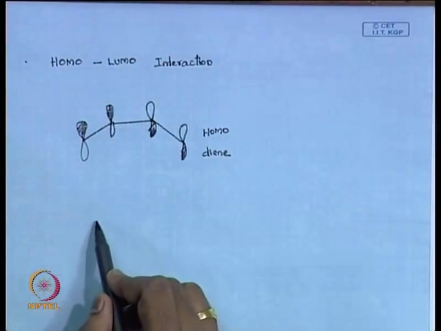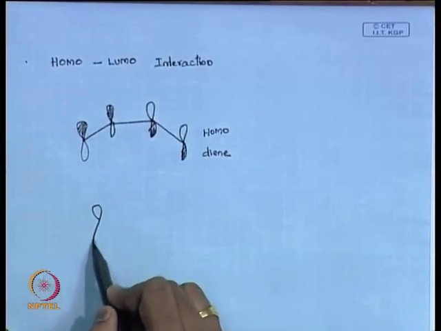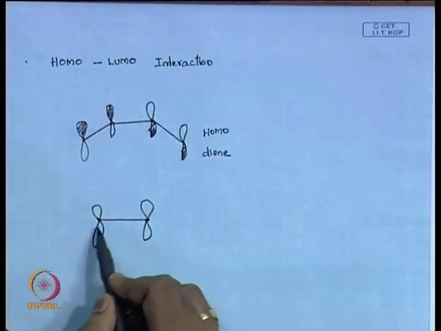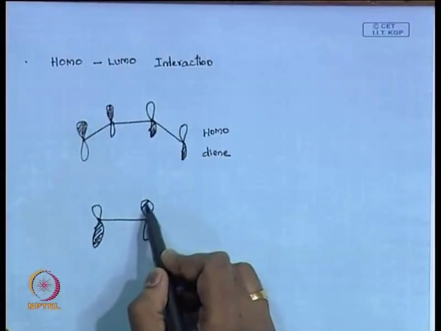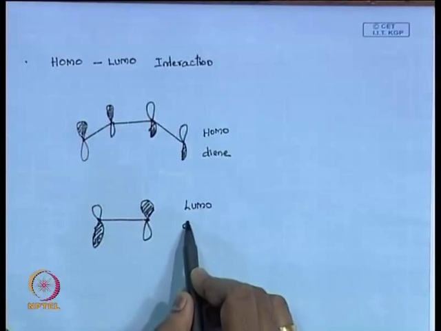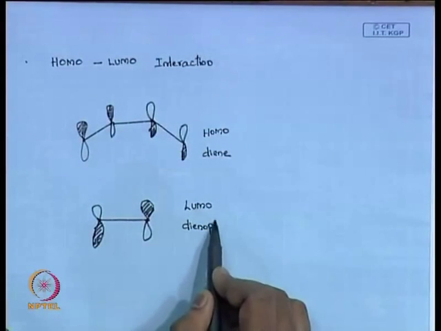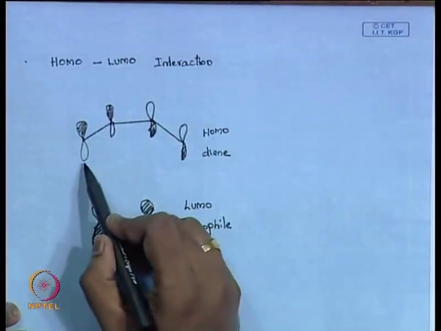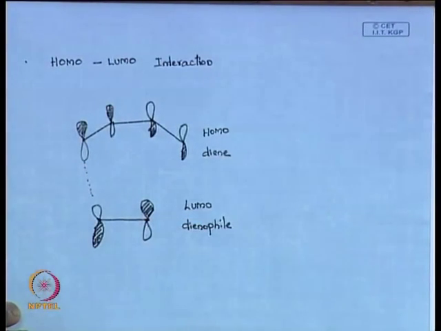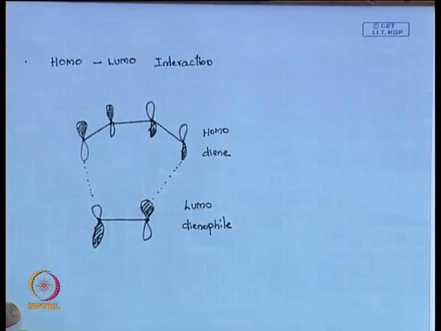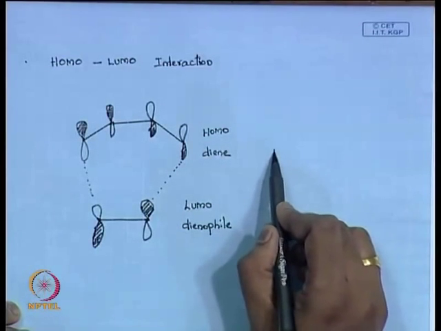Then we consider the LUMO of your dienophile. So, we have seen the HOMO of the diene and the LUMO of the dienophile. Now, they try to interact and you can see that orbitally it is nicely favored. So, this is on thermal activation.